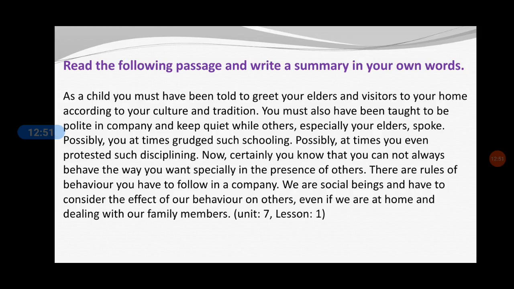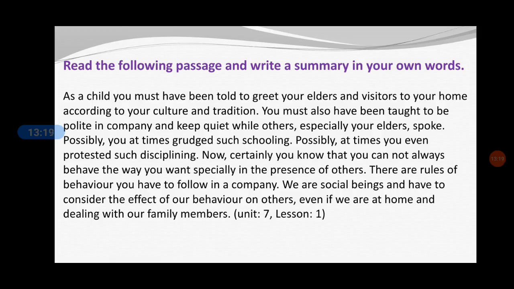We know that we are independent, but independence does not mean that we can do whatever we want. This is the most important thing, that we have to know the boundary where we should stop and how we should behave with others. Our behaviors reflect our upbringing. So this is the most important thing.